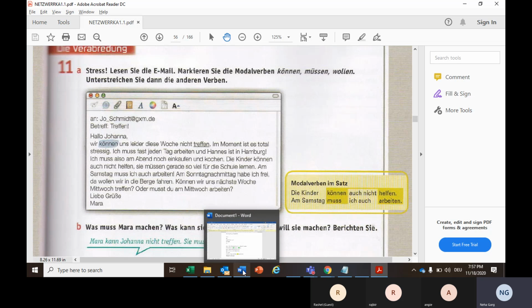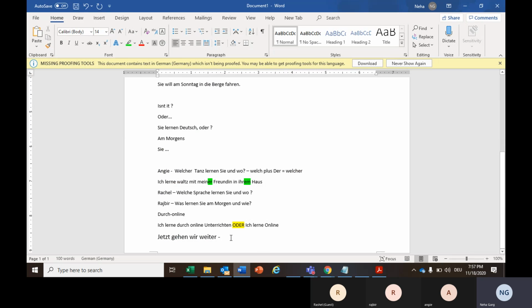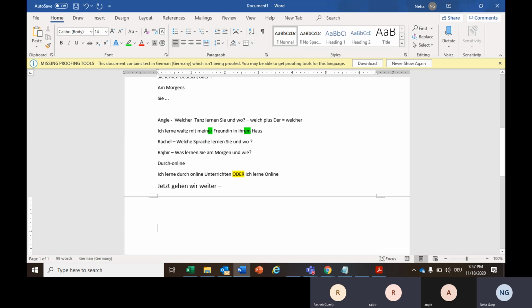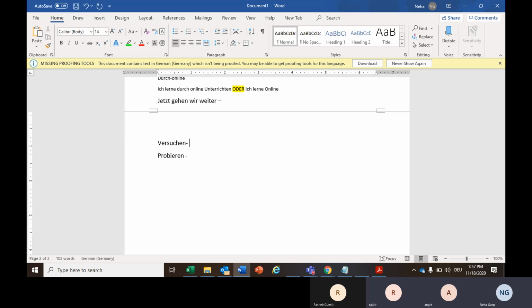Now, wir werden. Did I tell you the difference between versuchen and probieren? I am not able to recall. Like just now Rajveer has said we will try. When you are trying something or putting efforts into something in order to do something, then you use versuchen.